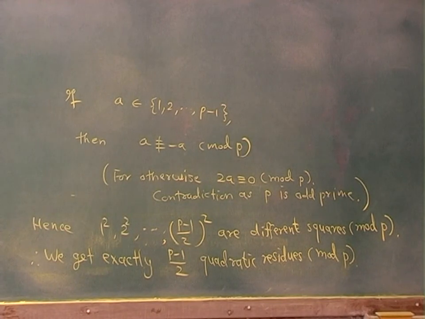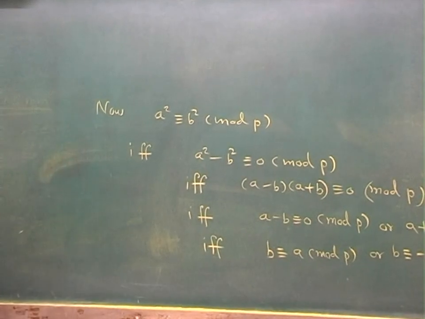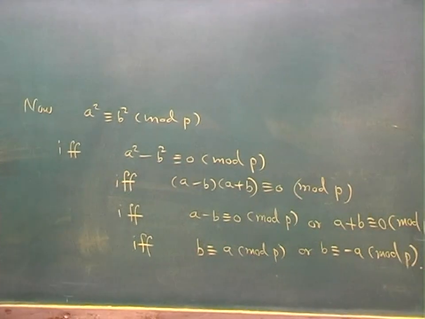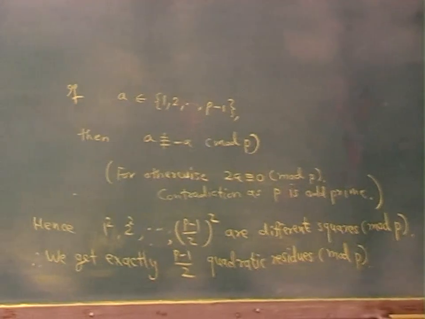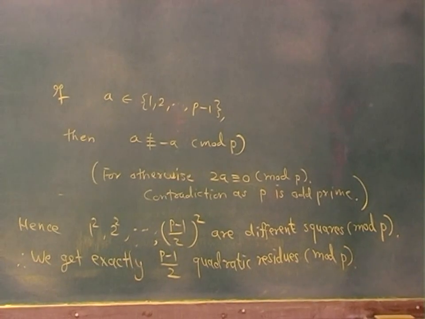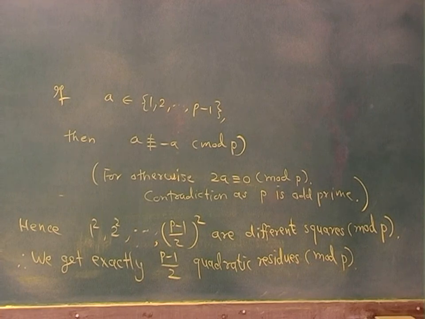So basically if a square is congruent to b square, the difference is either a equal to b or a plus b is 0 mod p. That's what we are doing. So 1 square, 2 square, up to ((p minus 1) by 2) square are different mod p. And no additional square is possible because if you square (p plus 1) by 2 etc., you will get one of these. So these are exactly all the different squares of quadratic residues mod p.